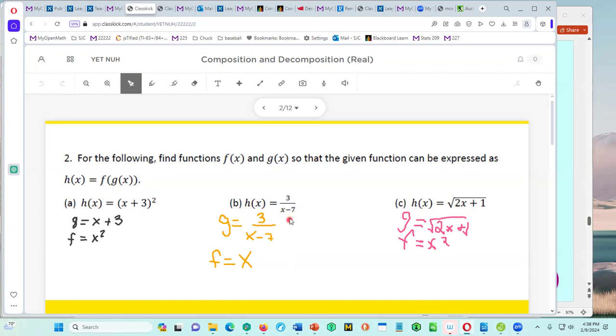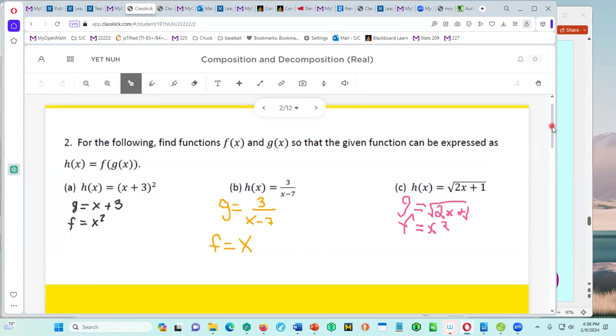So F of X is always just X, and it works. If you put this in for X, you get this thing that you're supposed to get. So it is technically correct. It does work, but it's kind of like cheating because it's not really doing anything.